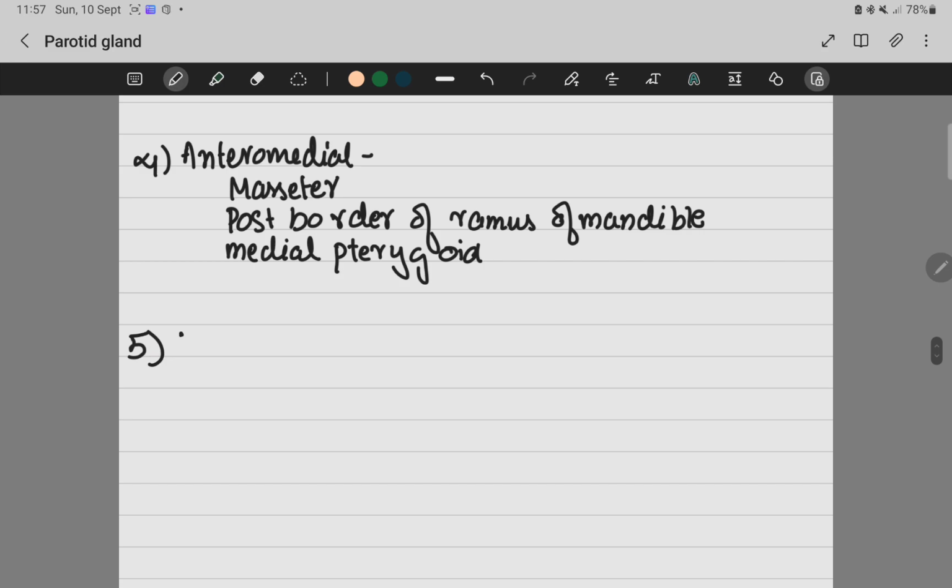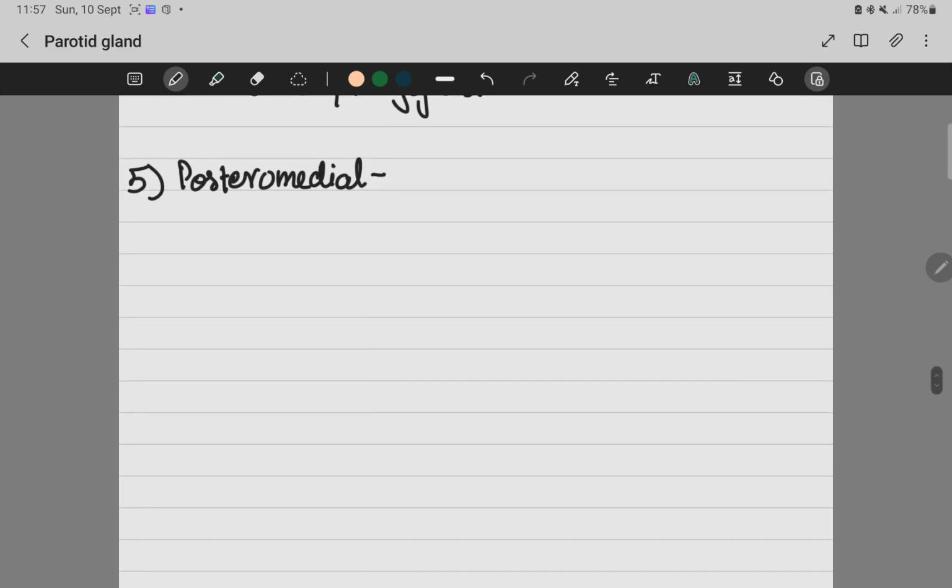The posteromedial surface is related to the mastoid process, and the muscles surrounding it, which would be the sternocleidomastoid and the posterior belly of digastric.